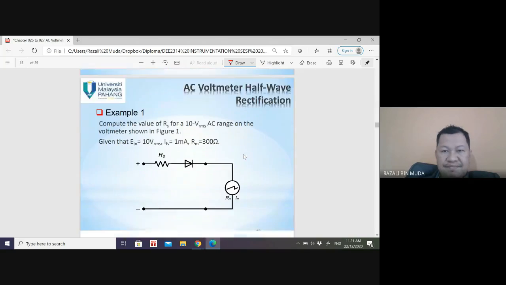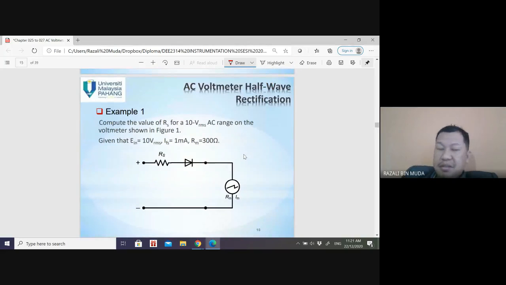Okay, example. You can try this example. Compute the value of RS. What is the value of RS for a 10 volt RMS AC range? So this is the range, RMS on the voltmeter shown in figure 1. Given that E is 10 VRMS, you can use this symbol, 10 VRMS.